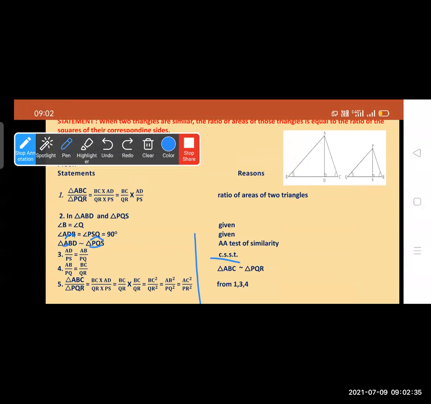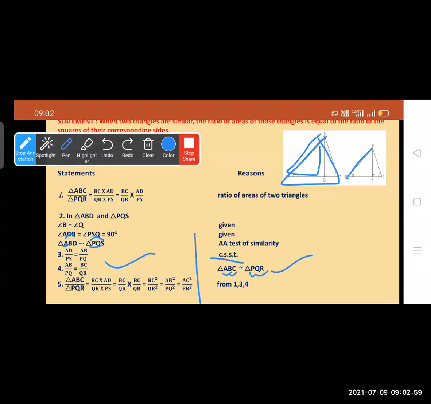That is the corresponding sides of similar triangles. Okay, and similarly write ABC similar to PQR. If this triangle is similar, that means triangle ABC is also similar, right? Okay, so ABC is similar to PQR, then we write AB by PQ is equal to BC by QR.